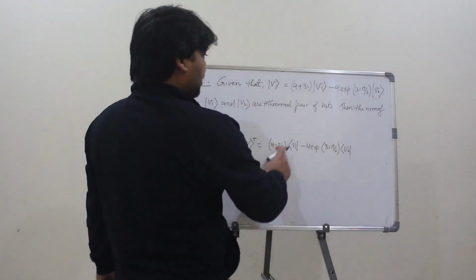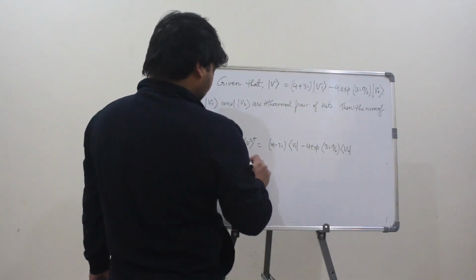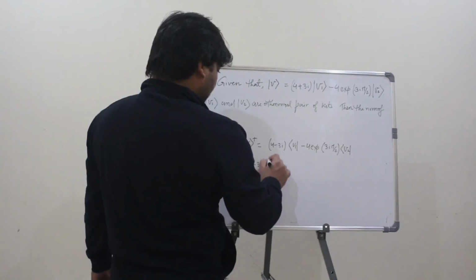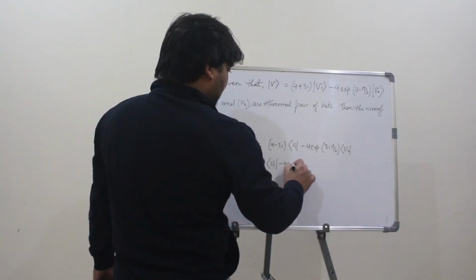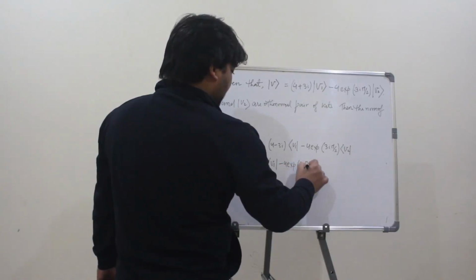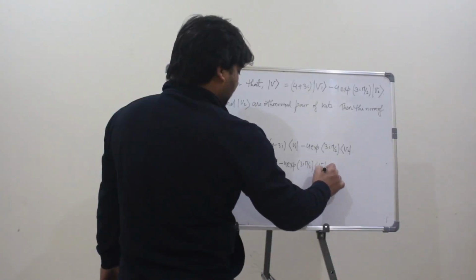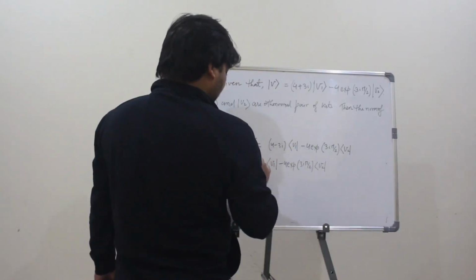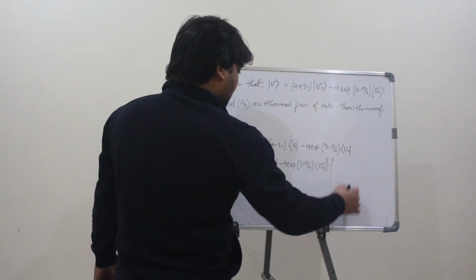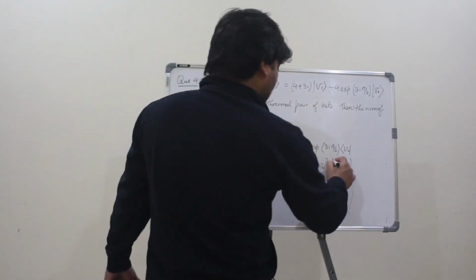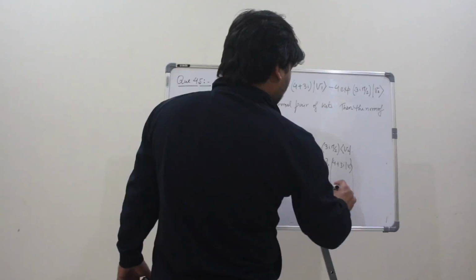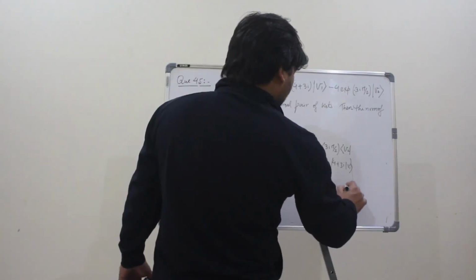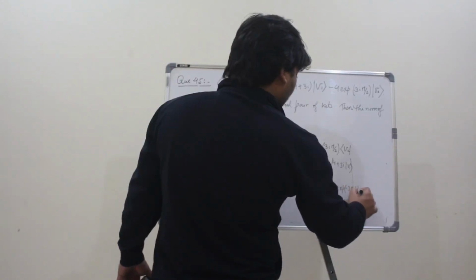So it gives you 4 minus 3i v1 minus 4 exponential of 3i pi by 2 v2, and this is 4 plus 3i v1 and minus 4 exponential of minus 3i pi by 2 v2.